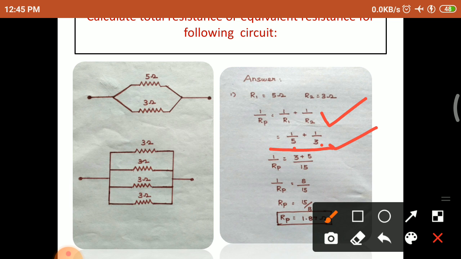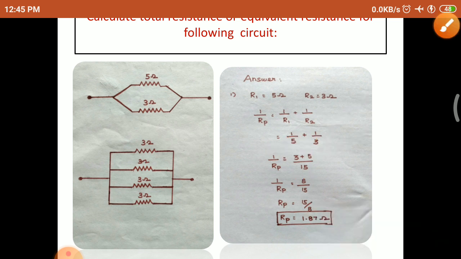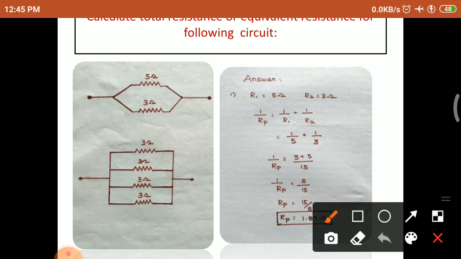If you take LCM, you get 15. To get 15 here, you have to multiply by 3, and here you have to multiply by 5. So 1 by Rp is equal to (3 plus 5) by 15, and 3 plus 5 is 8 by 15. 1 by Rp is equal to 8 by 15.